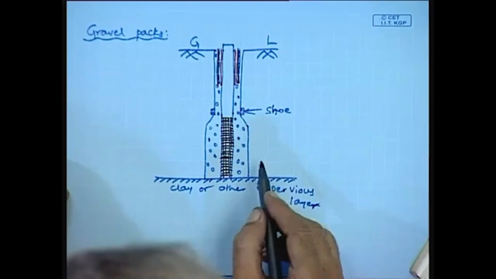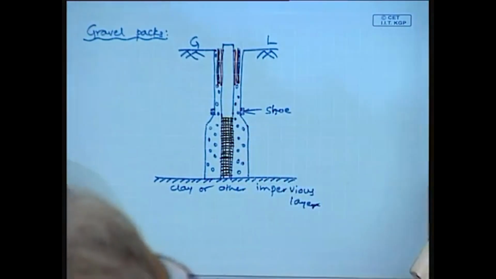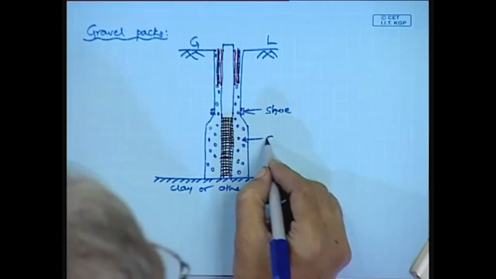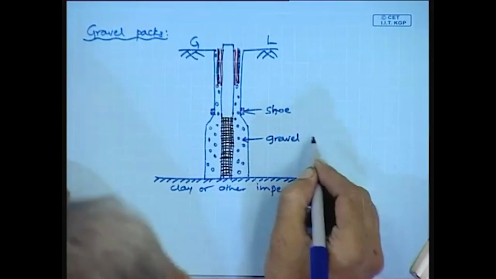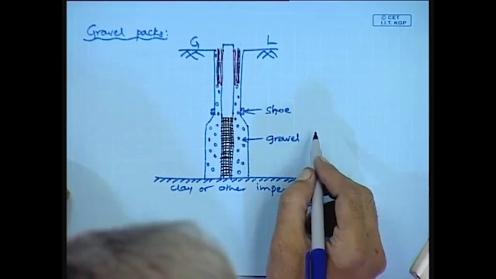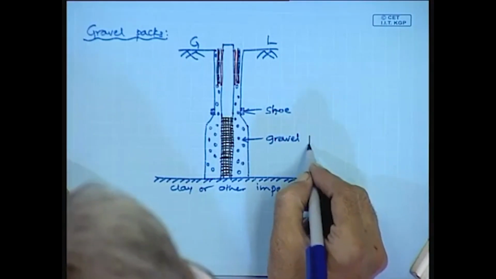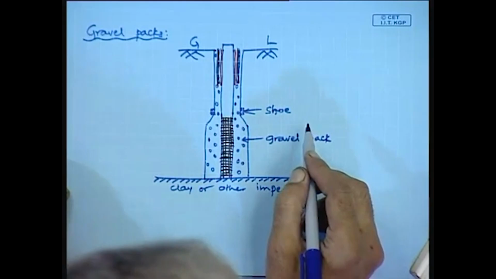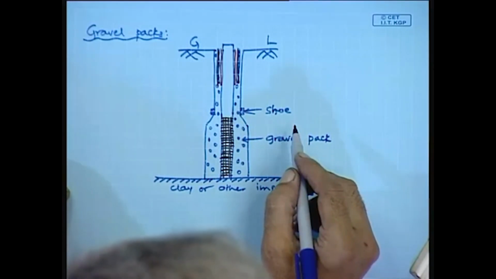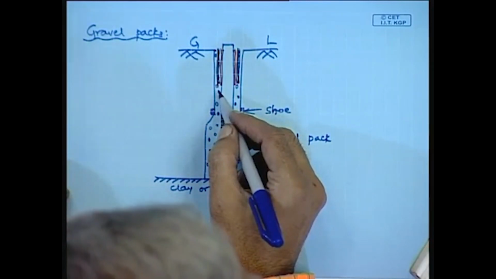Okay, so this is the shoe, and then this is the gravel. This is the gravel wall or gravel pack. And here this is a temporary casing.